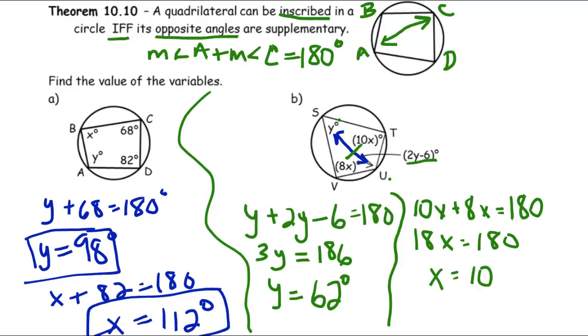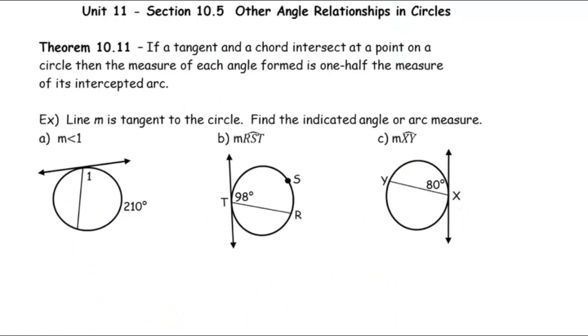Now, I shouldn't have said over here that y is 62 degrees. 62 is the answer, but I have to plug it in here to figure out what the degrees are for this measure, so it doesn't mean it's an angle measure. X is 10, so I would plug that in here for V and for T to get the angle measures if asked.